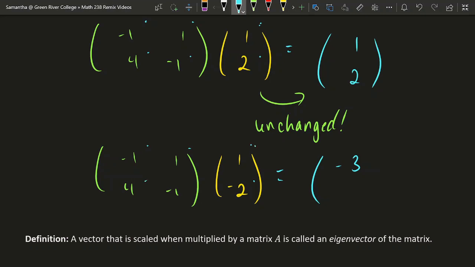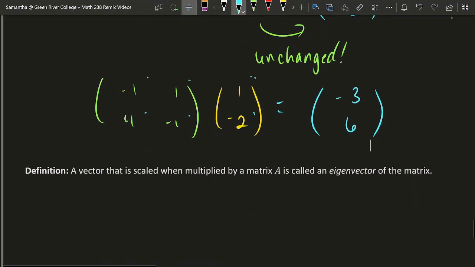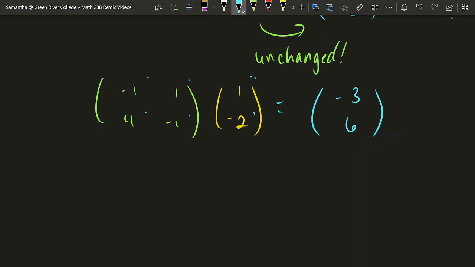And 4 times 1 plus -1 times -2 gives me a result of 6. And compared to what I originally had, this vector is scaled by a factor of -3. Both the x component and the y component are -3 times what they were before.